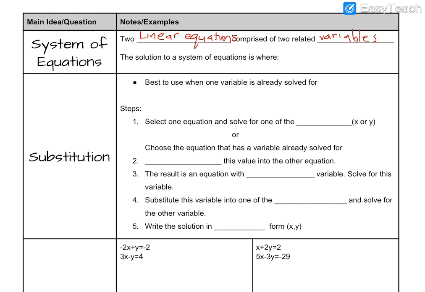So the solution to a system of equations is where our two lines cross. So we're looking where the x and the y are going to be the same in both of those equations. And that is terrible writing.